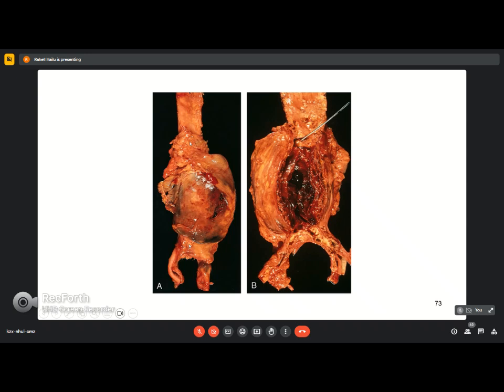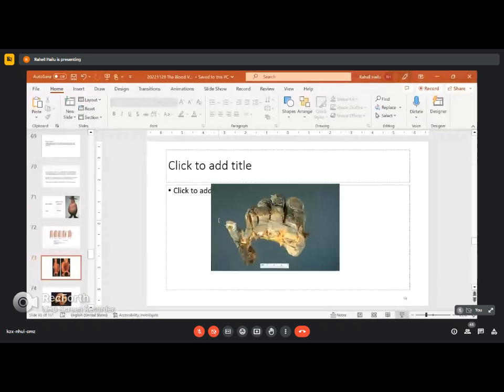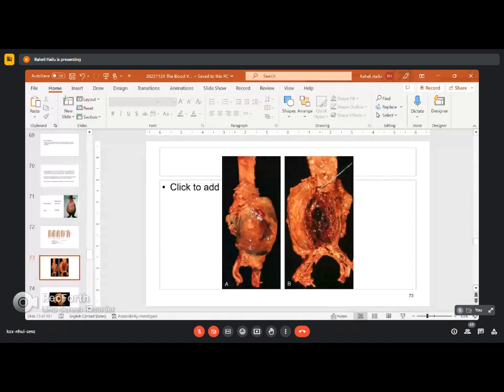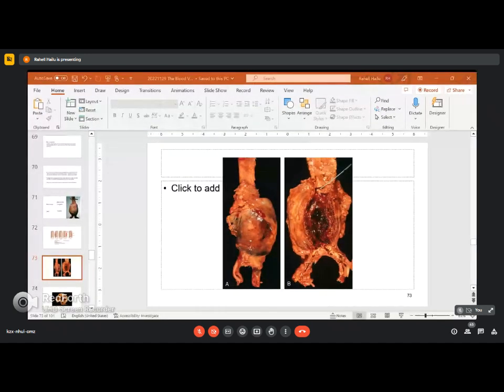Here, again, the aorta is dilated. What is this? What do you think is happening here? What is this, the arrow here?